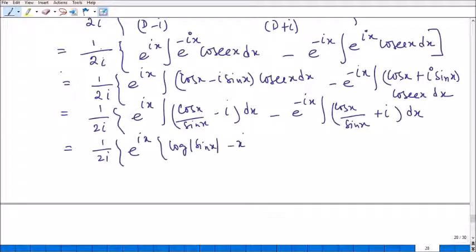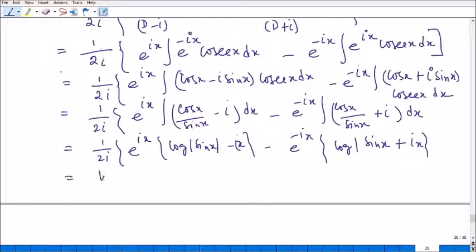minus e to the power minus ix times log of sin x plus ix.